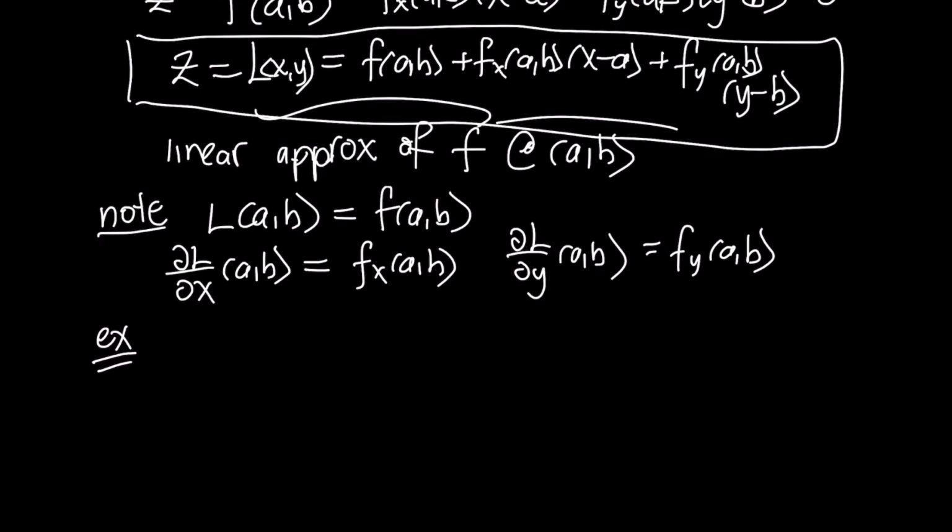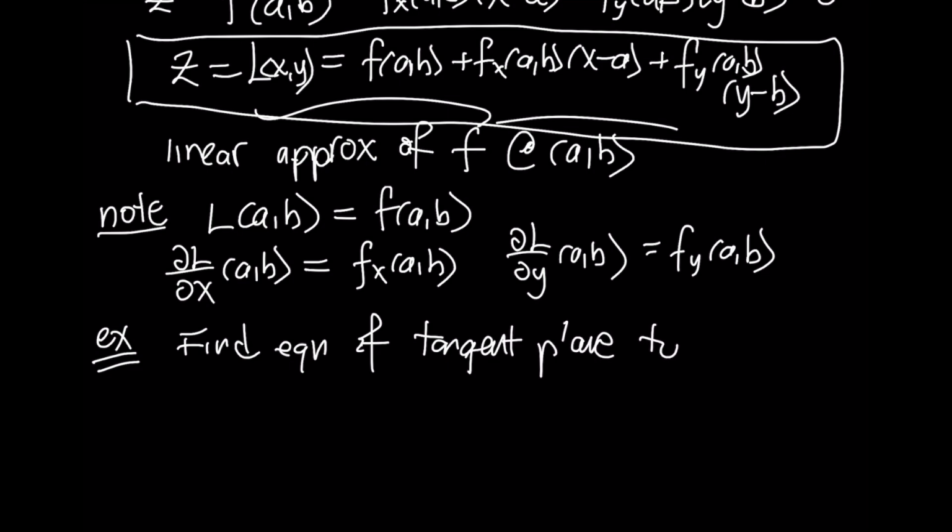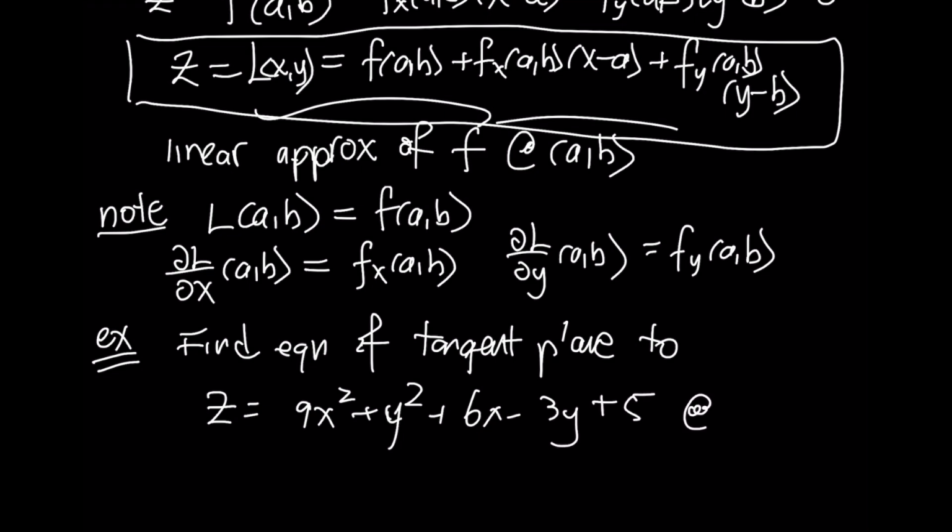So just as an example, let's find the equation of the tangent plane to this function: z is 9x squared plus y squared plus 6x minus 3y plus 5 at the point (1, 2, 18).